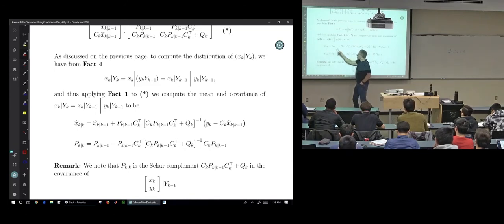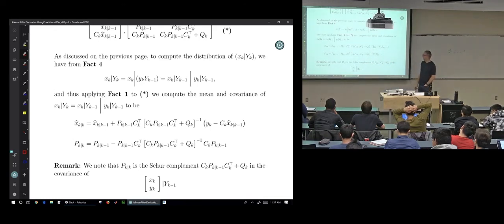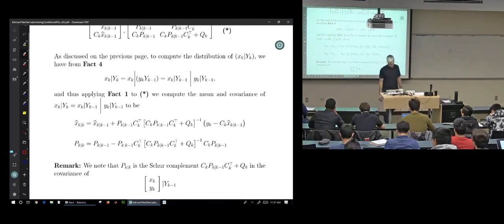The mean after you've made a measurement of y, you take y minus its mean, you take the mean of x, and then you've got the correlation matrix times the information matrix of the measurement process. And then the covariance is the Schur complement. So it's the original covariance, and so this is really MVE.